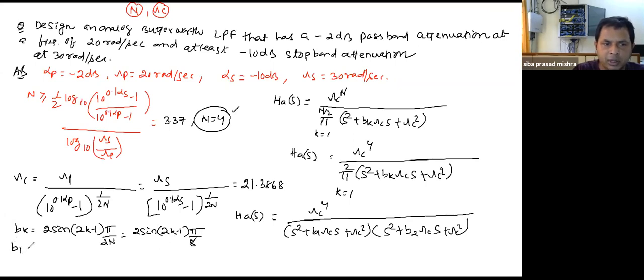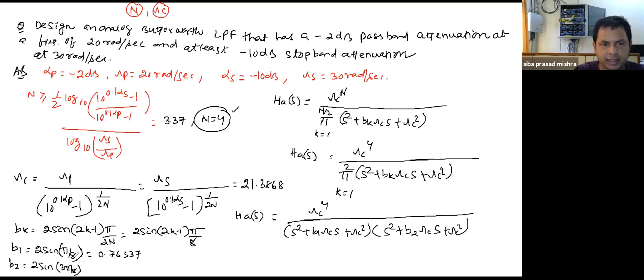And what is b1? Simply put k equals 1: 2 sine pi by 8. The value is 0.76537. Now what is b2? Put k equals 2 here: 2 sine 3 pi by 8.